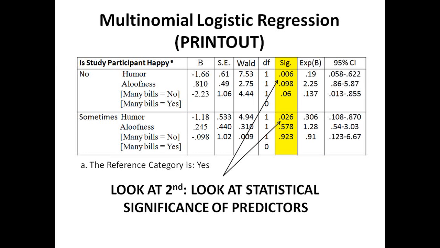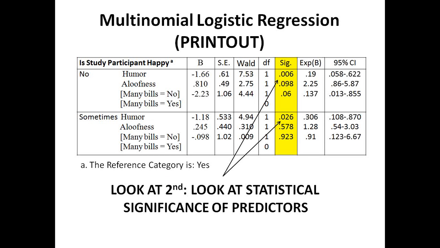Now you'll see there's 2 boxes, right? Now look at A underneath the box. It says the reference category is yes. So what that's saying is you're getting results for each category within the dependent variable, and it's referring to the other category in the dependent variable.